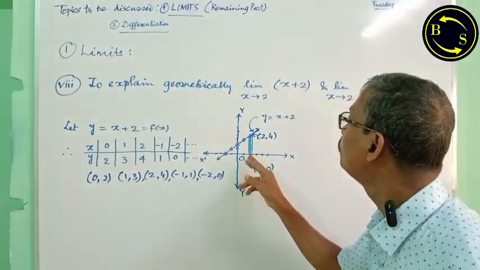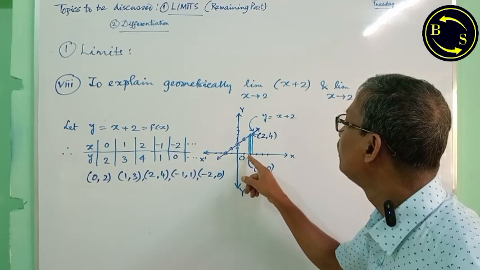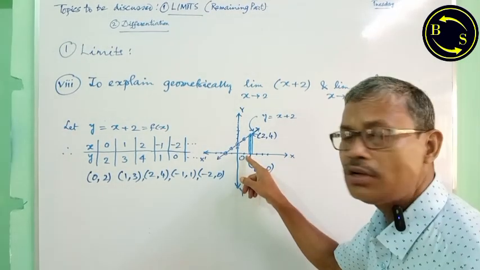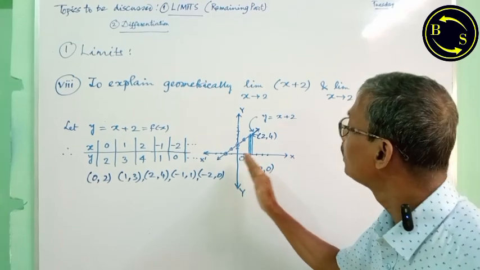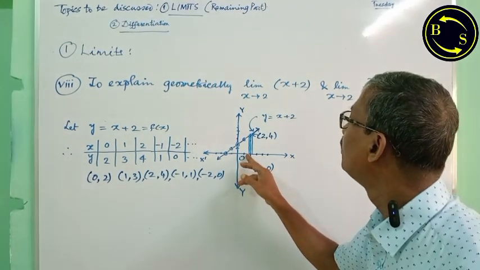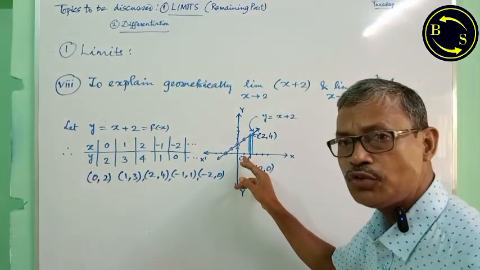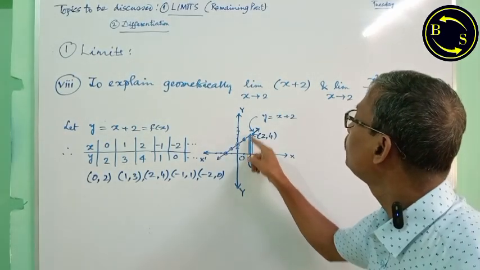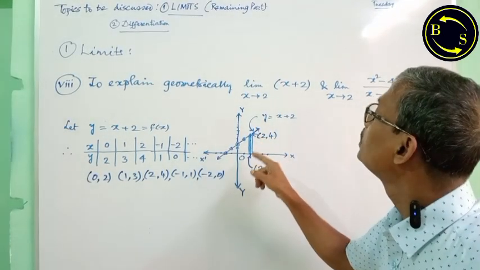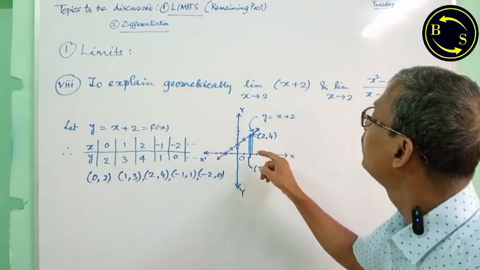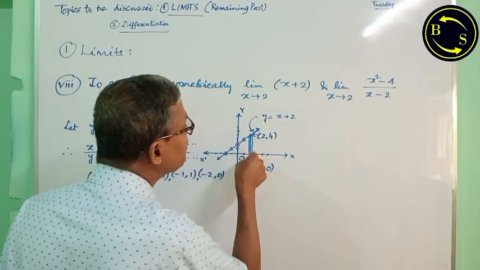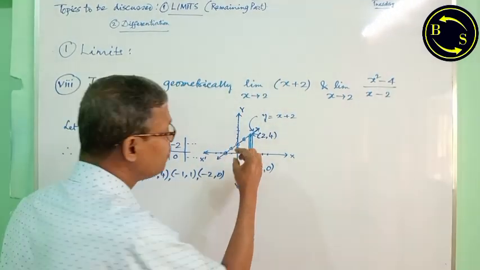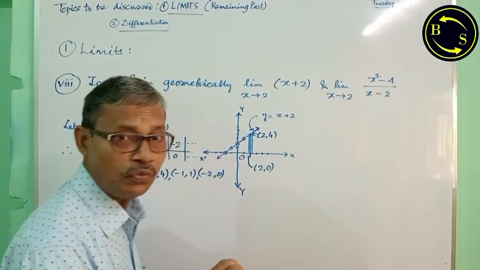We have considered points near to 2, which are before 2 and after 2, just before or less than 2, and greater than 2. And if we draw perpendiculars, we shall see that the values of these coordinates, or lengths of these perpendiculars, will be near to 4.